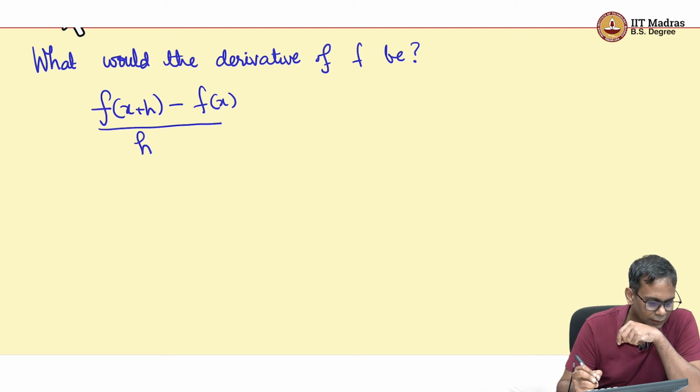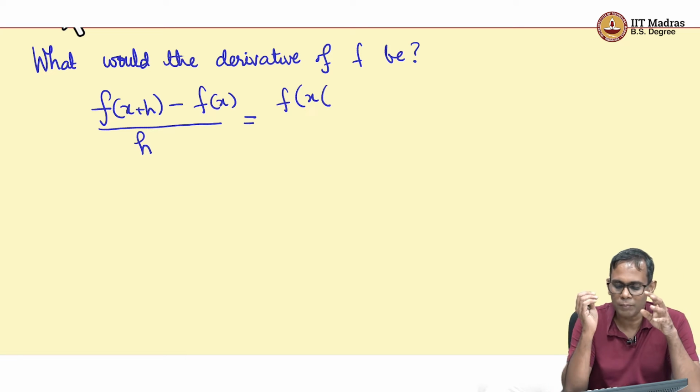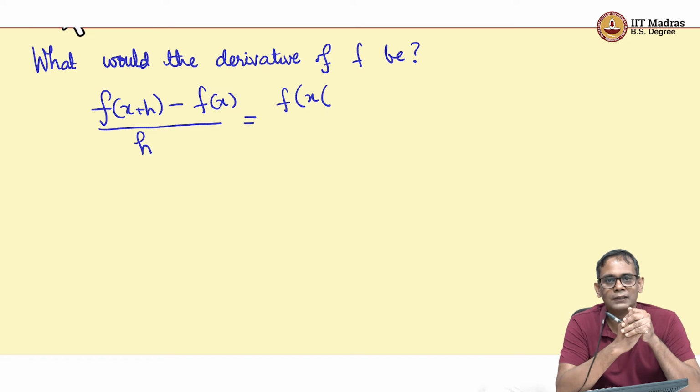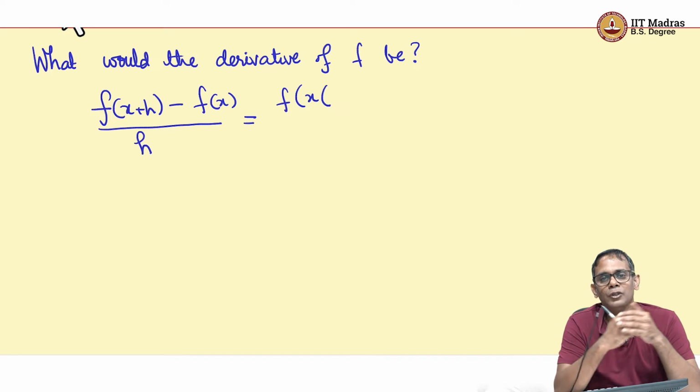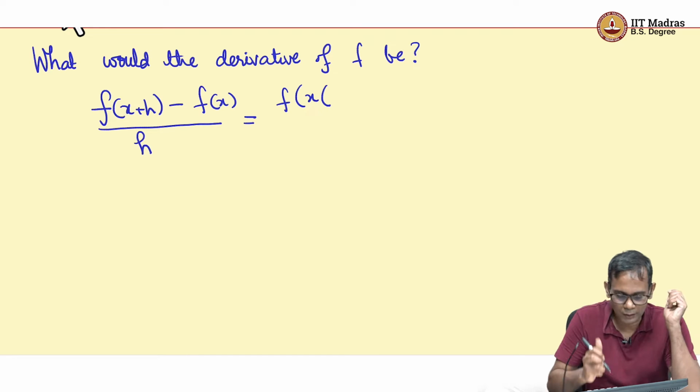Now, this I can write as f of x into, so what we know about f is that it converts products into sums. So, when the argument of f we want it to be a product, but here it is a sum.